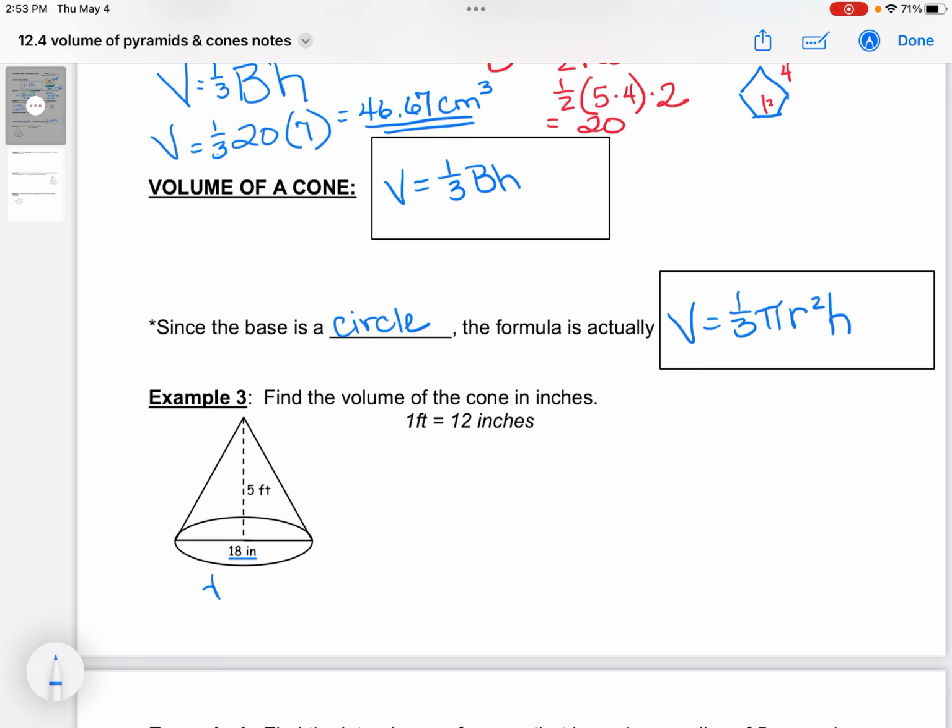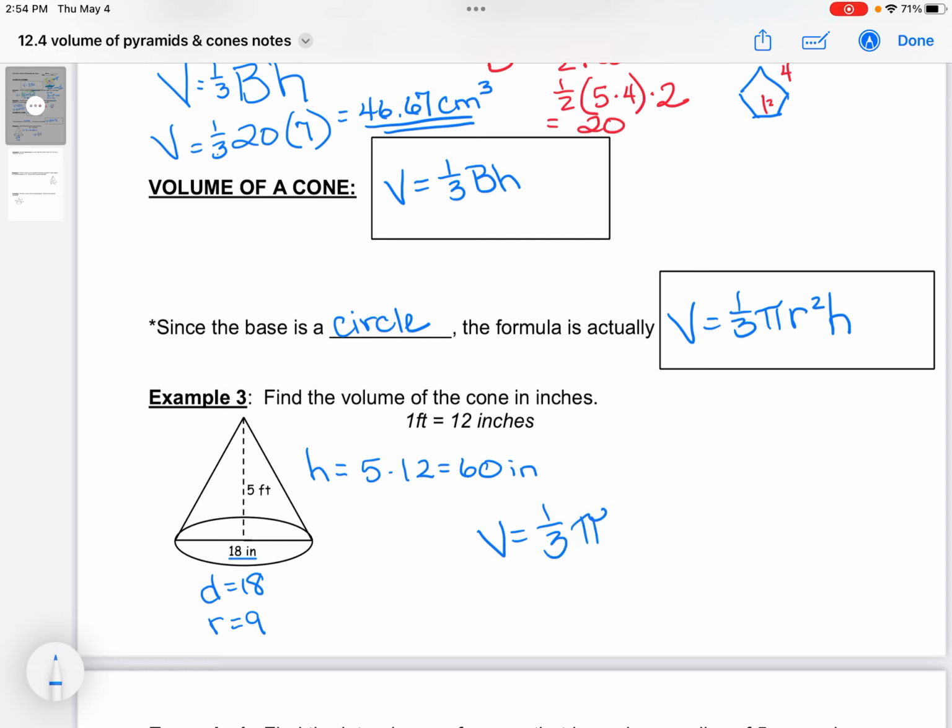Okay, so let's try it. So we're finding the volume of the cone in inches. So 18 is good, except that's the diameter, which means the radius is 9. And the height is 5 feet times 12, so it's really 60 inches.